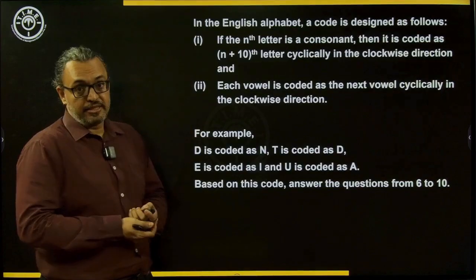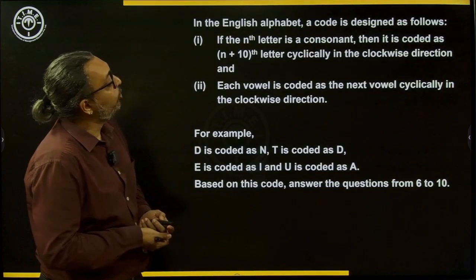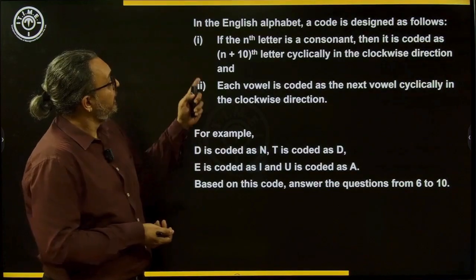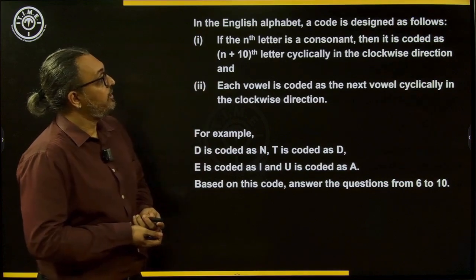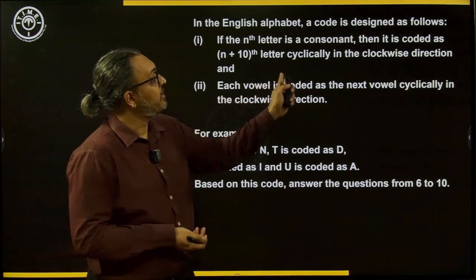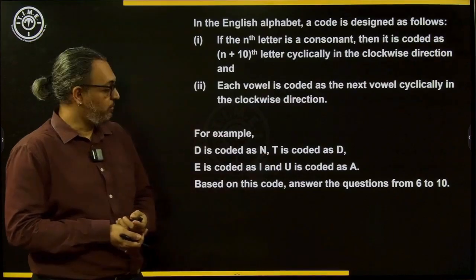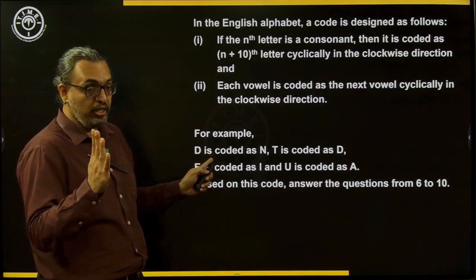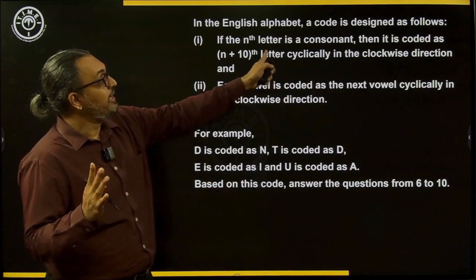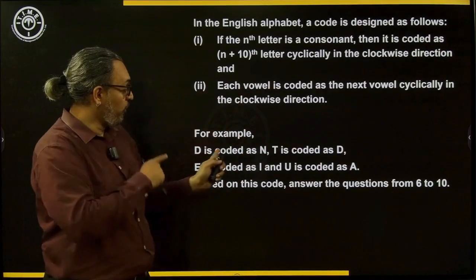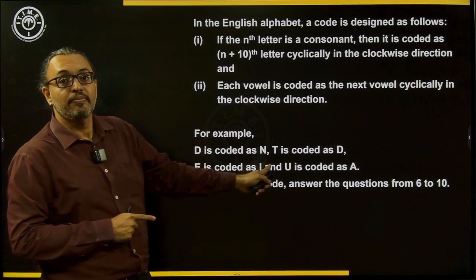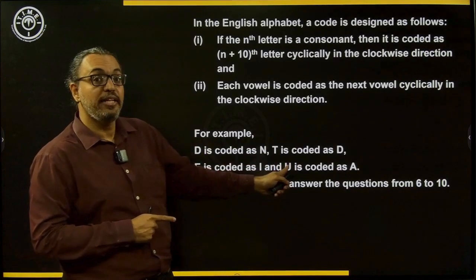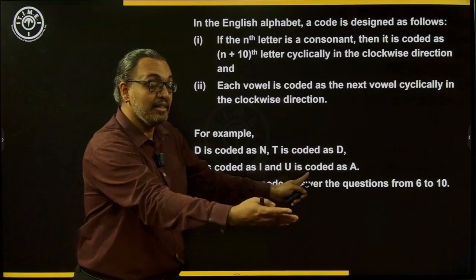Then another. He says in the English alphabet, a code is designed as follows. If the nth letter is a consonant, then it is coded as the n plus 10th letter cyclically in the clockwise direction. He has given an example. D is coded as N. How? D is the fourth letter. So how is it coded? N. 4 plus 10, 14, N. Same way T is 20, a consonant. 20 plus 10, 30.